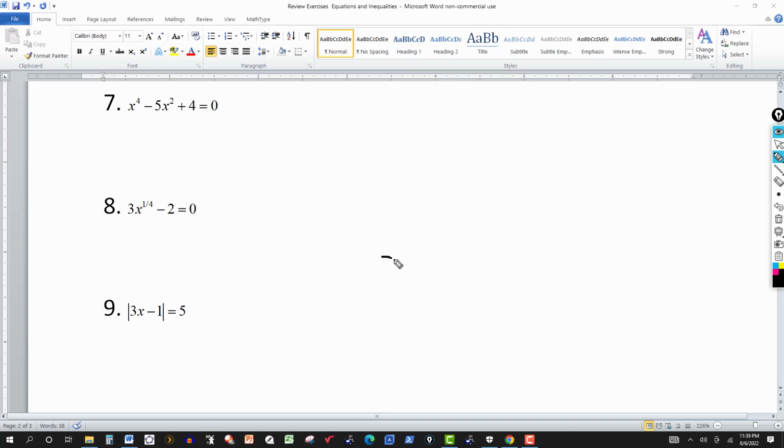So that means that 3x minus 1 can equal plus or minus 5. Let's look at this. The absolute value of what number equals 5? Well, the absolute value of 5 is 5, so that's 1.